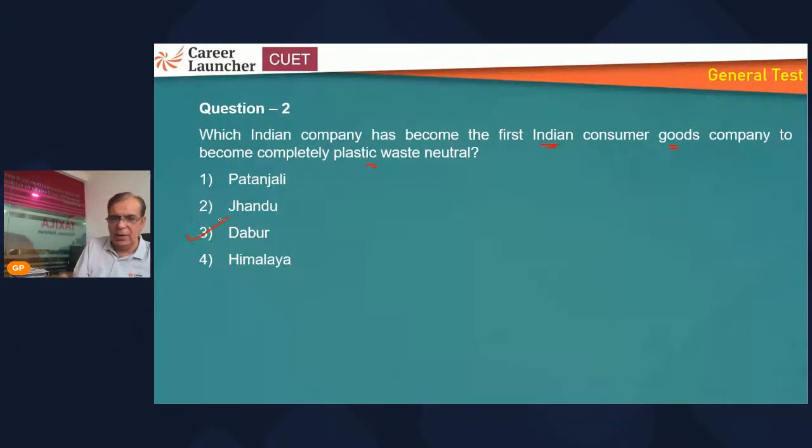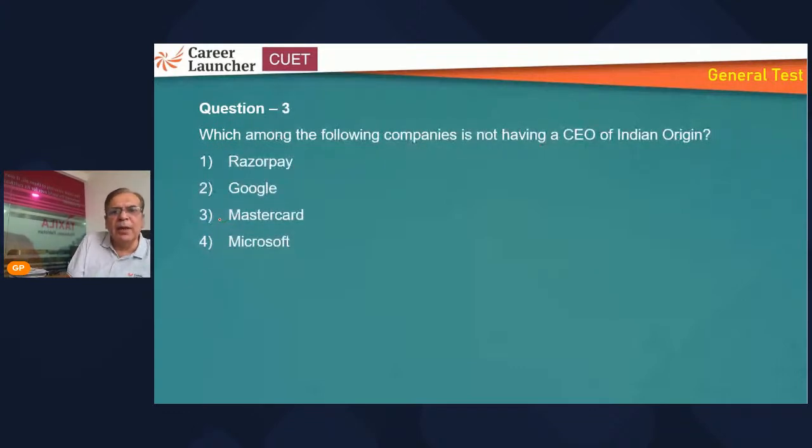It is Dabur. Next: which among the following companies does not have a CEO of Indian origin? I know Google has one, Microsoft has one. Mastercard used to have one, Ajay Banga, an FMS pass-out. After he left Mastercard, the CEO is not an Indian. So I will take this as the answer.